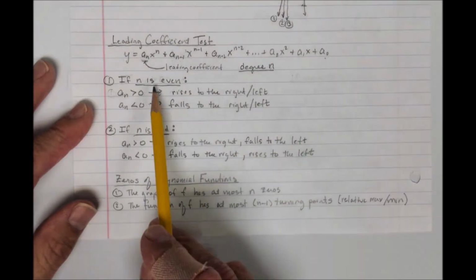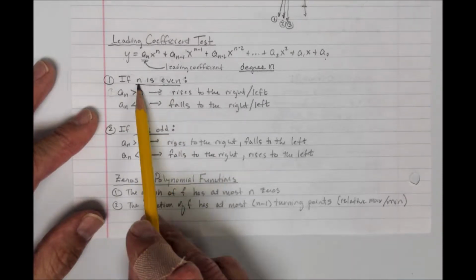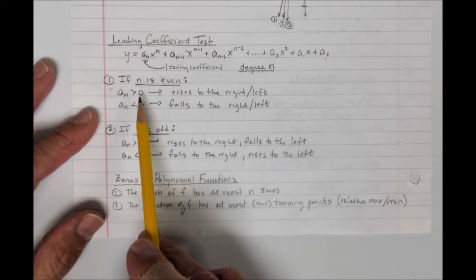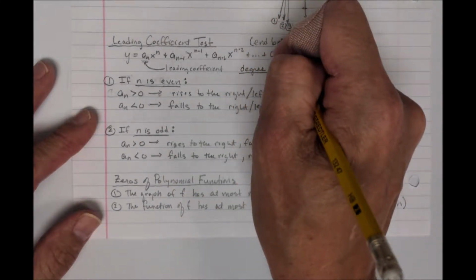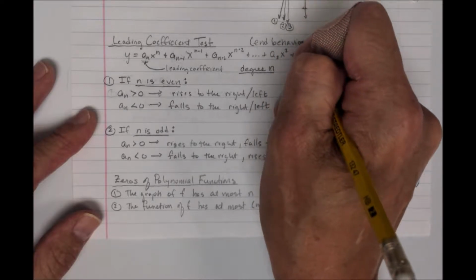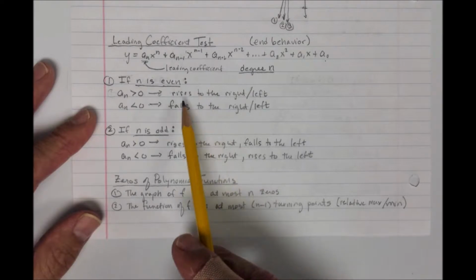If n is even, you can tell a little bit about the way the graph changes, because if n is even, remember this has to do with end behavior here. What's going to happen here is either the ends are going to go up or the ends are going to fall down.